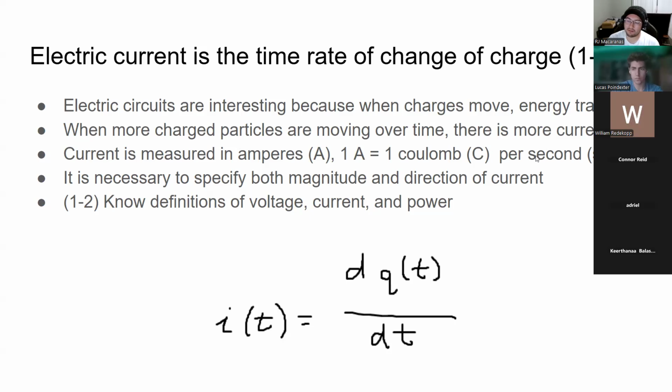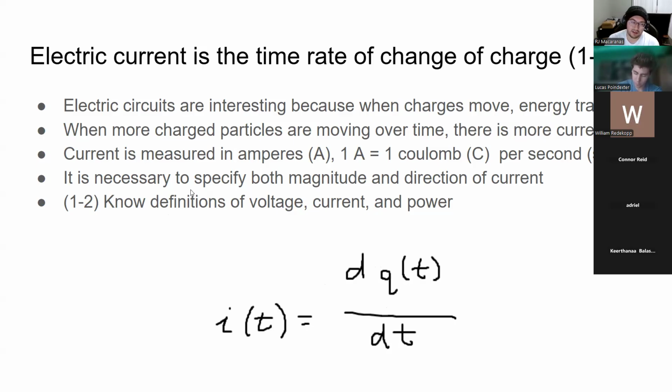This is what makes electric circuits useful in the first place: we have tiny charges moving around, supplying energy to a lot of different things. When there are more charged particles moving over time, there's more current. That's just by definition. We're looking at how many charges, Q, are moving per unit time.